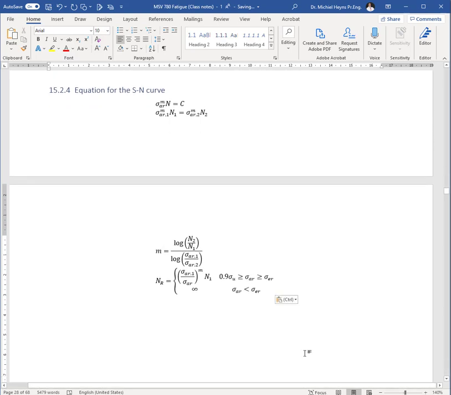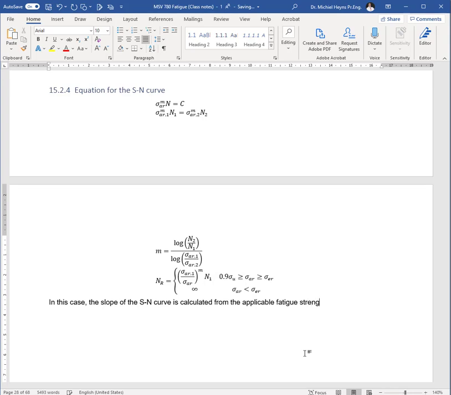Now, firstly, to calculate the slope, in this case, the slope of the S-N curve will be calculated from the applicable fatigue strengths at 1,000 and 1 million cycles as follows.